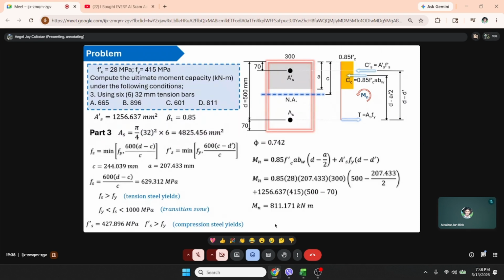So our Mn is 811.171 kilonewton meter multiplied by phi, and our final answer is 601.554 kilonewton meter.